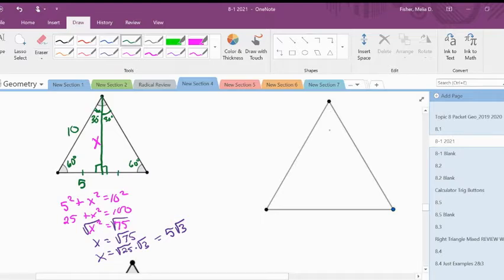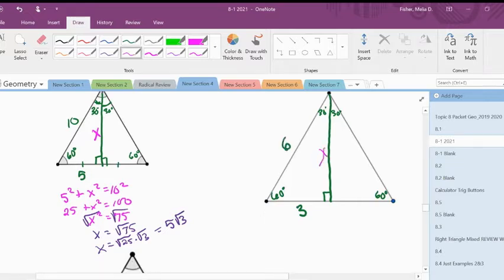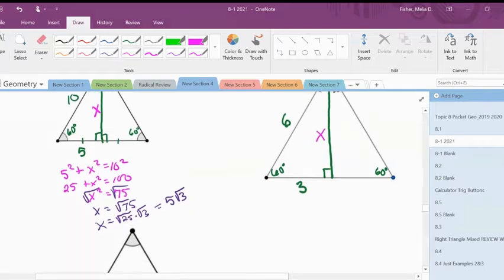So let's go ahead and draw in our altitude. And remember, we said they were equilateral triangles, so this is 60, 60, and this other one is 60, but it's cut in half, so that's 30 and 30. And we're going to go ahead and plug in. Let's go with 3 and 6 and look for the altitude here. Here's our unknown part, x right there.